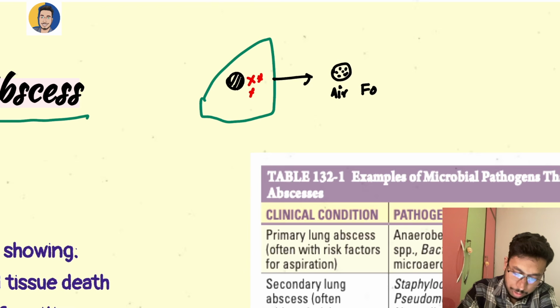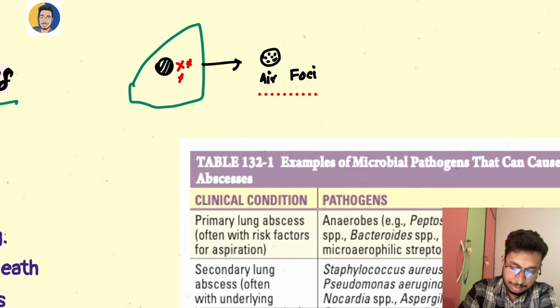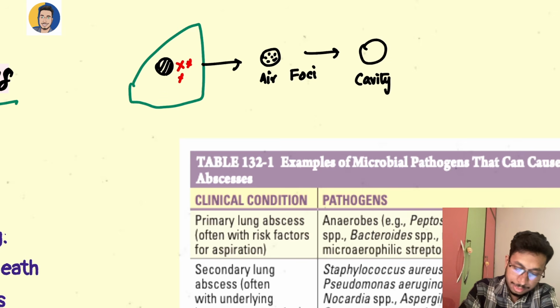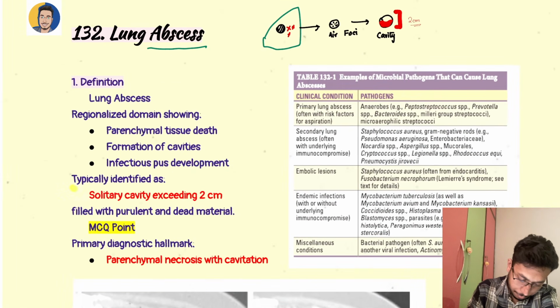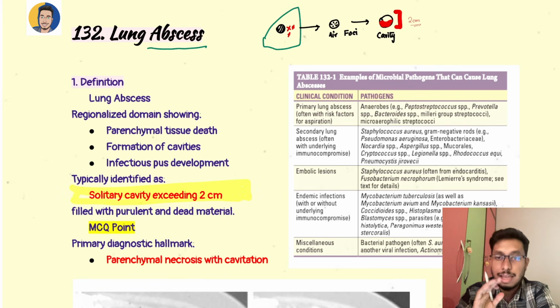When you find air foci, you know necrosis is taking place, and this necrosis will lead to formation of a cavity. When this cavity gets filled with pus, and this pus-filled cavity, along with necrotic debris, has a size of at least 2 centimeters, it is considered to be a lung abscess. So a solitary cavity with fluid-filled pus in it is considered a lung abscess. This is the main definition of lung abscess.